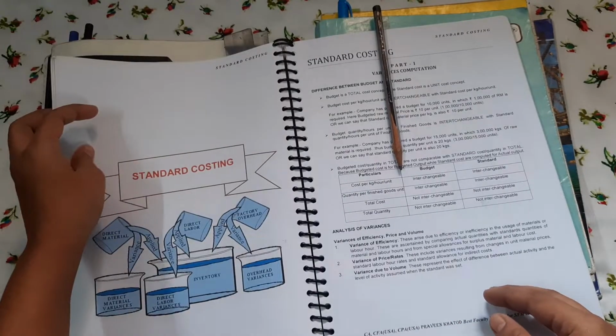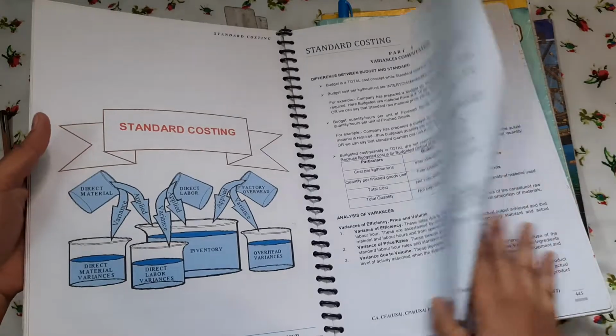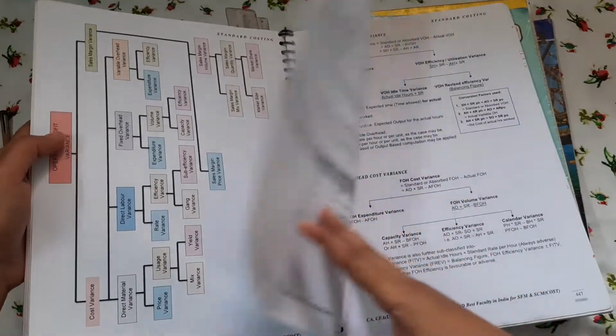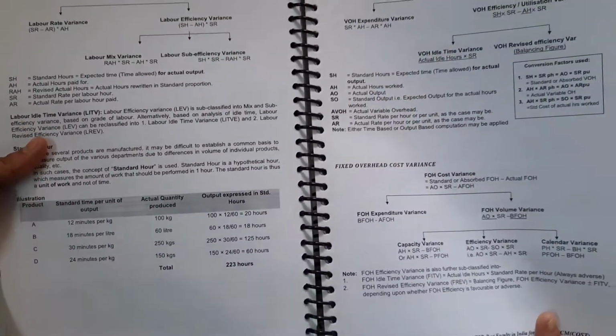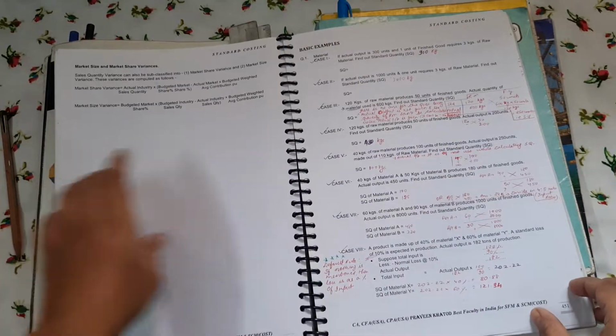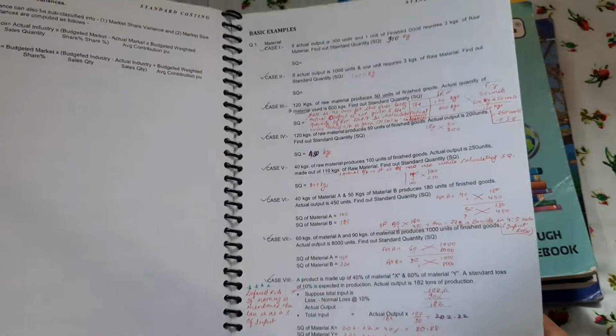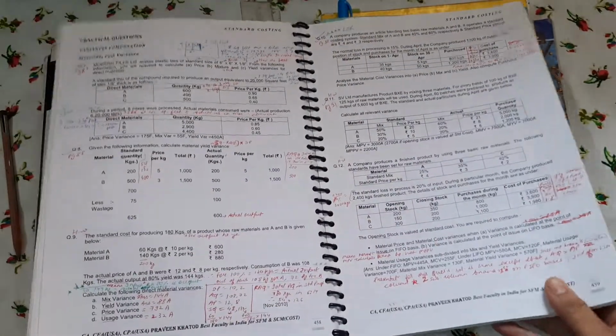The pattern is same for all the chapters, like you can see standard costing chapter. Here also, first of all, the theoretical part is given and the formulas and all, so you can revise it from here. After that, the basic examples are given so that you can improve your basic application of these formulas, and then the comprehensive and complex questions are given.